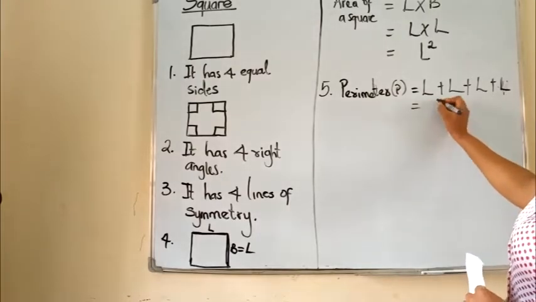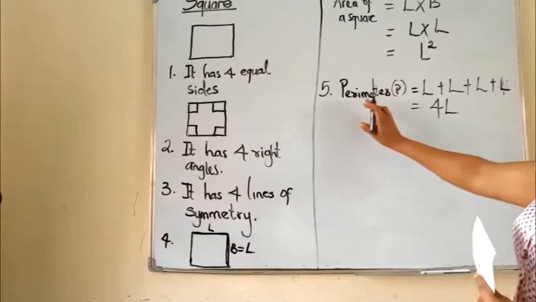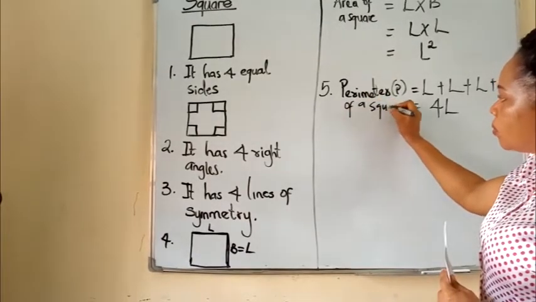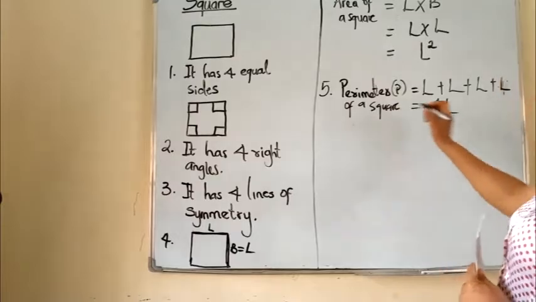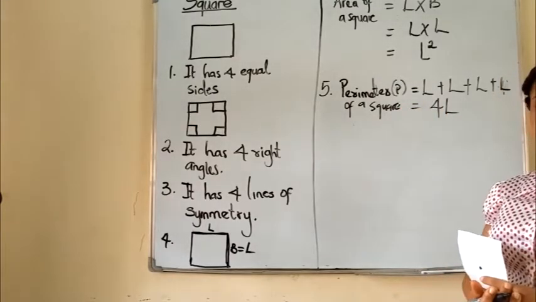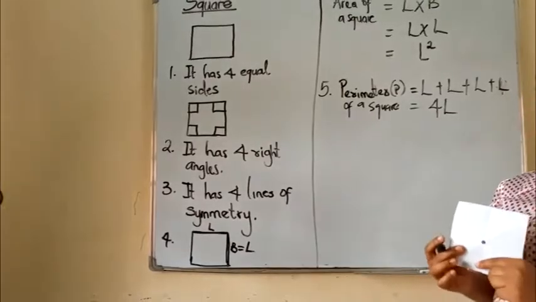Giving us 4 lengths, that's 4L. So the perimeter of a square is 4L.